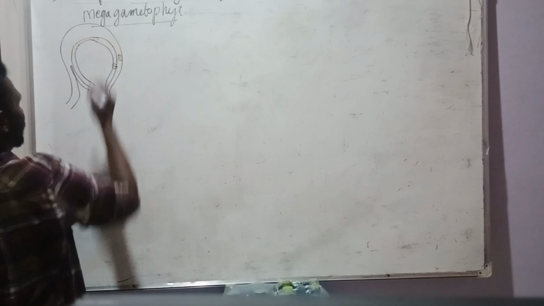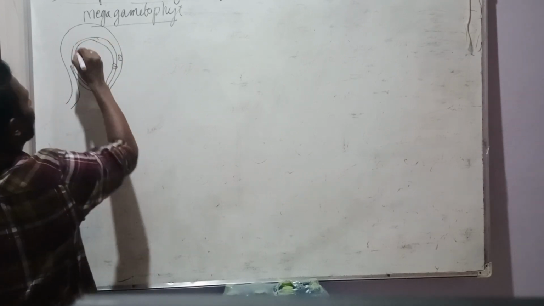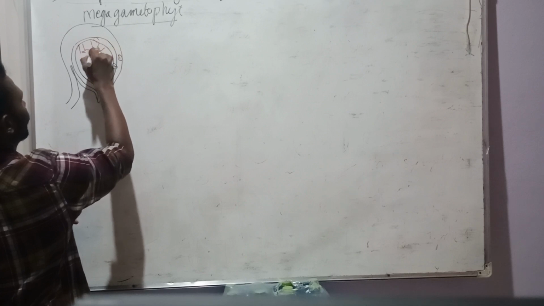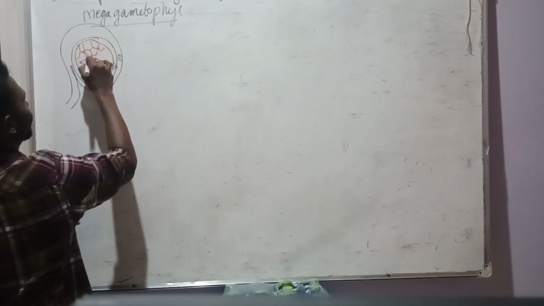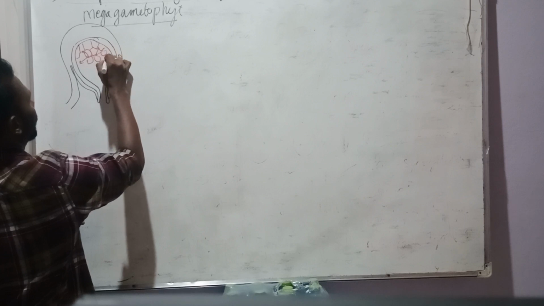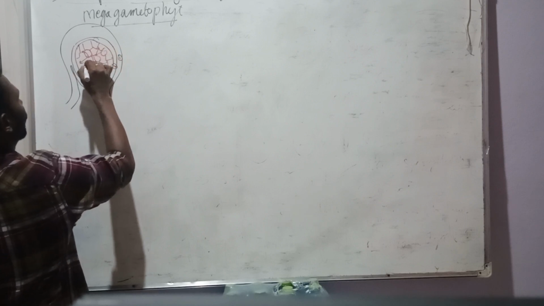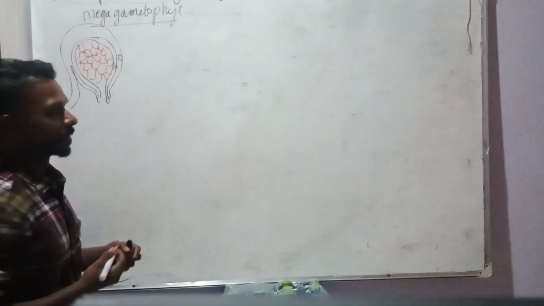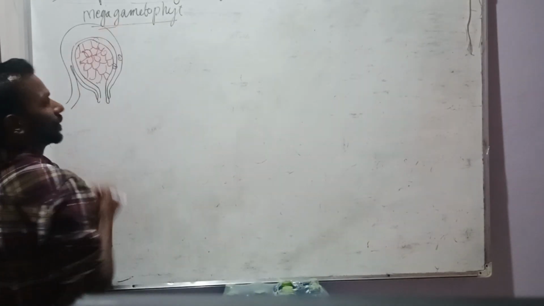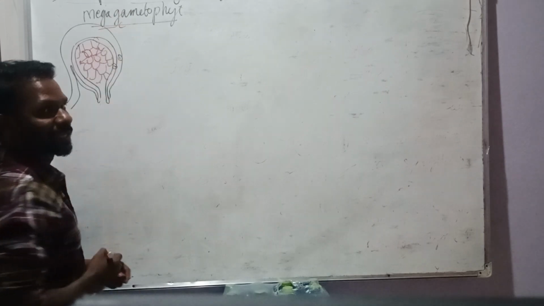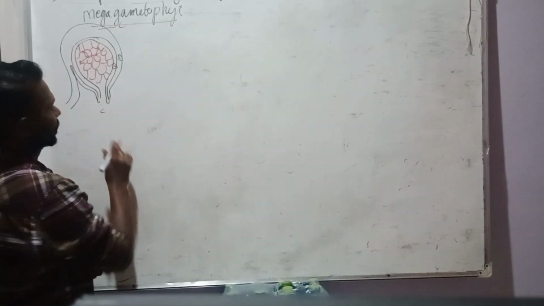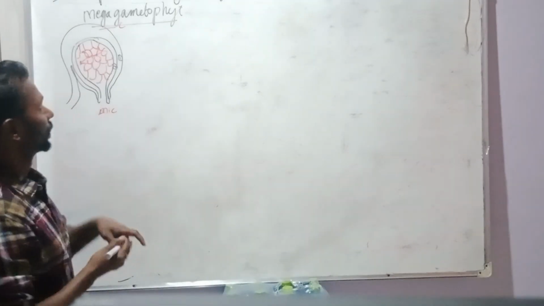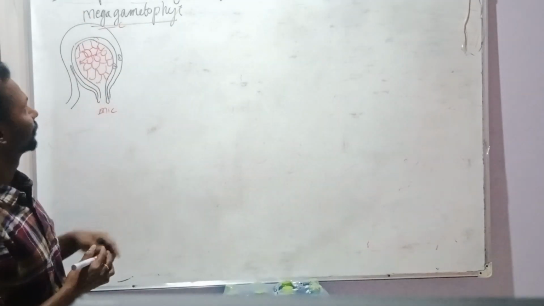Inside there are a number of nucellus tissues, which are protected by the integuments. The top region is called the chalazal end and the bottom is called the micropylar end.